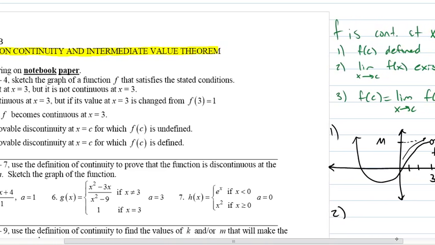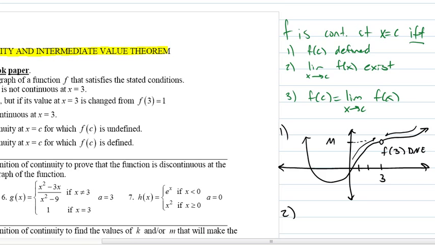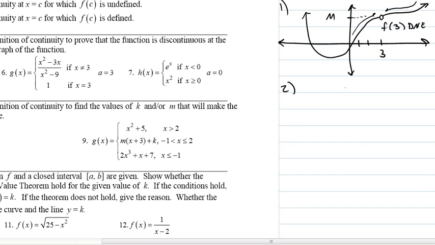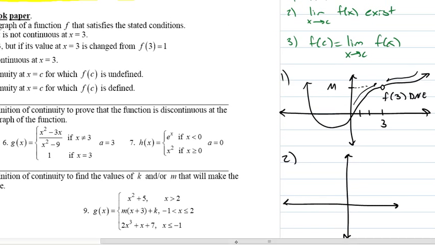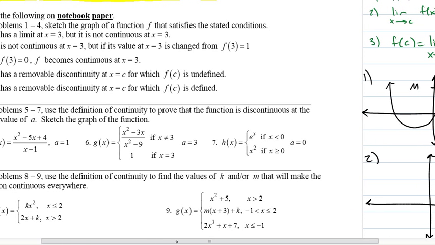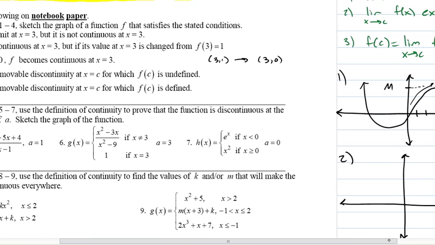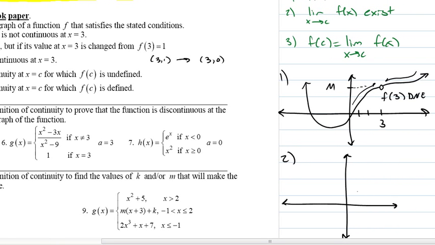So example number 2. It says here that f is not continuous at 3, but if its value was changed from (3, 1) to (3, 0), it would be continuous. Let me draw all of this. Let's say we have 1, 2, 3.